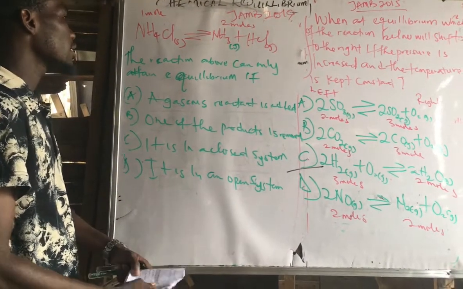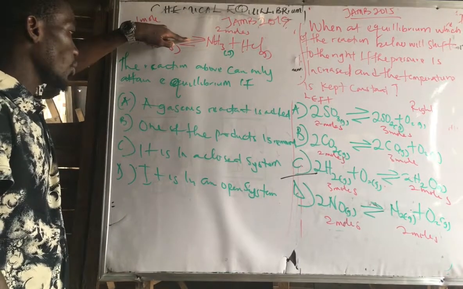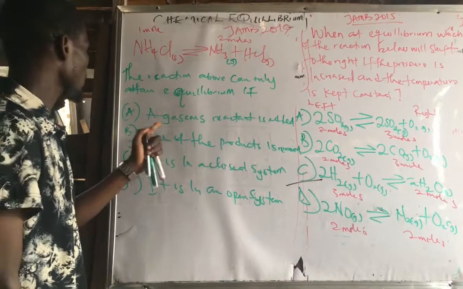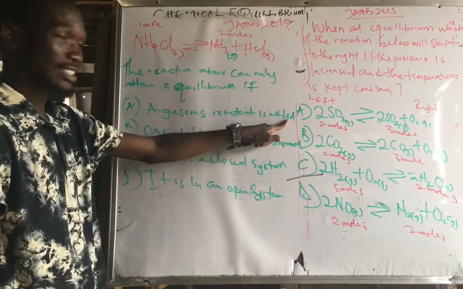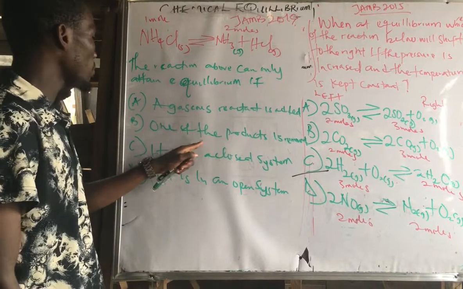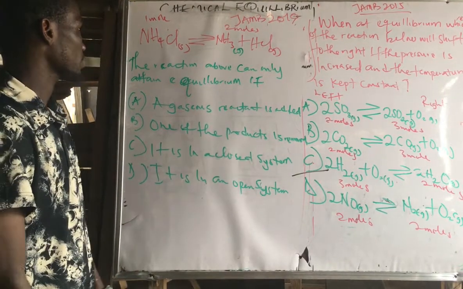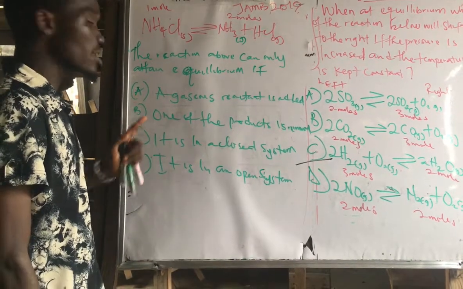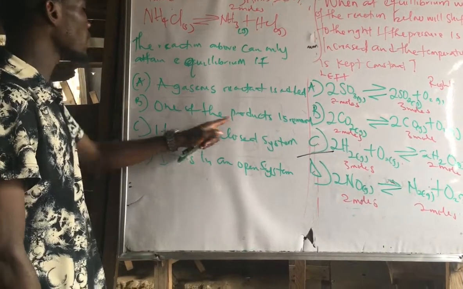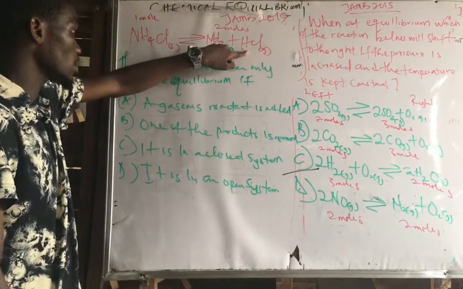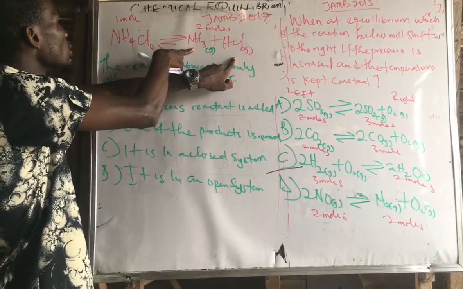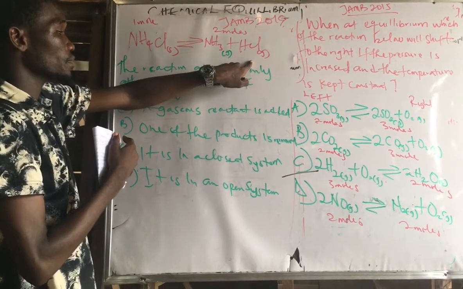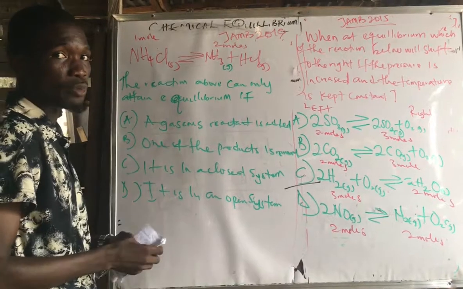They said the equation here attains equilibrium if and only if the gaseous reactant is added, or one of the products is removed. If one of the products is removed here, we are left with ammonia and ammonium chloride, so without attaining an equilibrium.